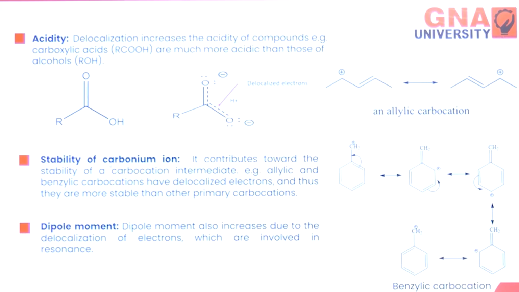Now, we know that in case of carbocations, if conjugation is there in the carbocations like allylic and benzylic carbocations, the stability increases compared to the primary carbocations. Why so? Because if we look at the allylic carbocation on the upper right side of the slide, we can see that this carbocation has a double bond neighboring it.